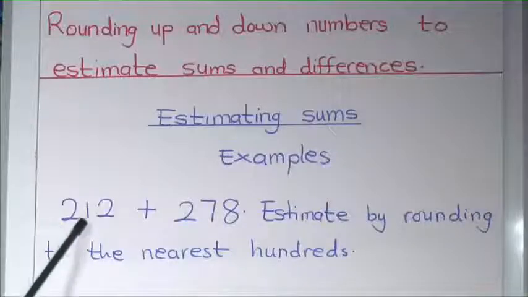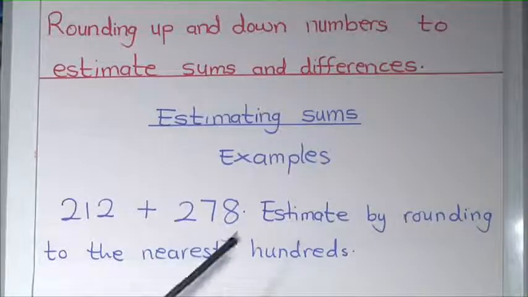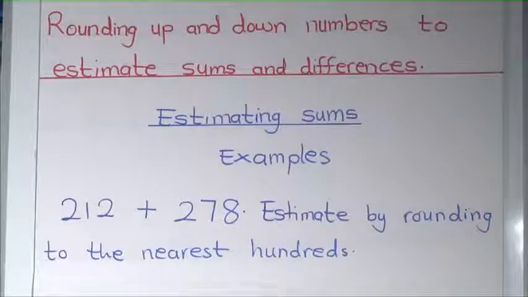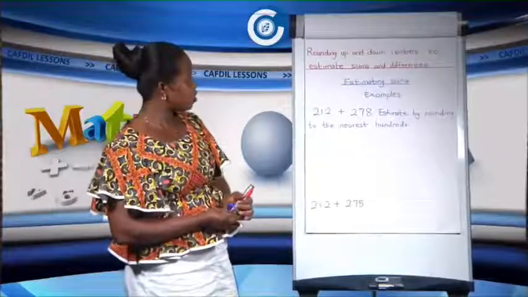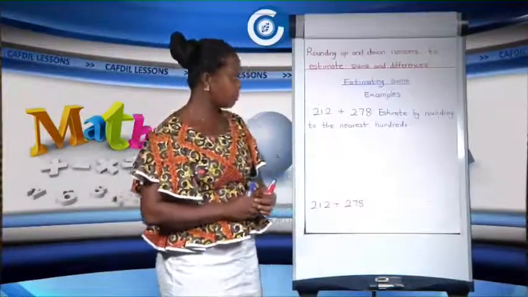I have 212 plus 278. Estimate by rounding to the nearest hundreds. I believe you are familiar with it. That's the estimate. We are going to make a rough guess of the answer.